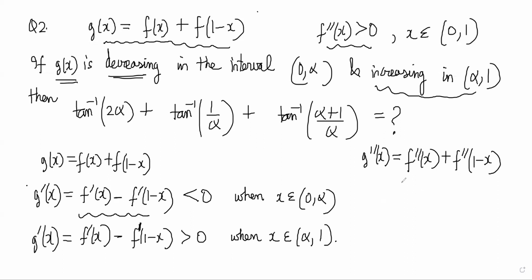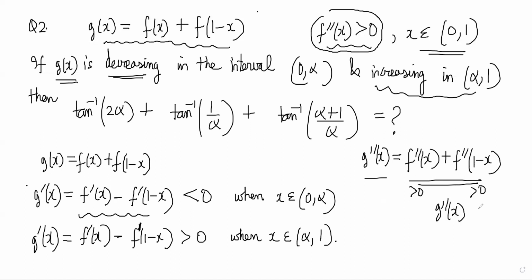So from here it is clear that because they have said f double dash x is greater than 0 for all x in this range, this is greater than 0 and this is greater than 0, which means g double dash x is greater than 0, which means g dash x is increasing, right?